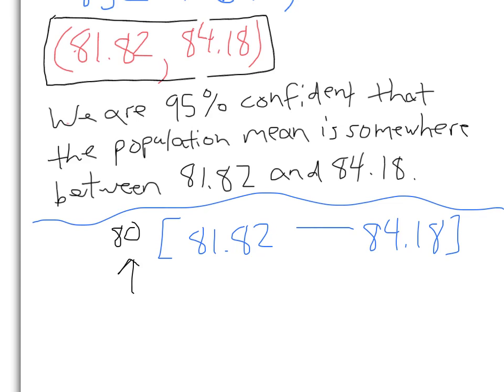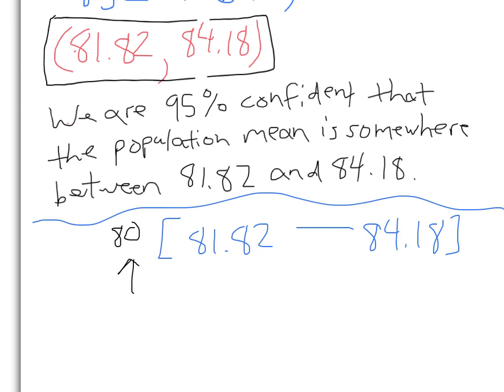Our data shows, we did our z-test and we came out with 5, and 5 is much greater than 1.96. 5 is even greater than 2.575. So we're even 99% confident that it is in fact not 80. But when we looked at a confidence interval, we were able to say not only is it not 80, but we know it's greater than 80.